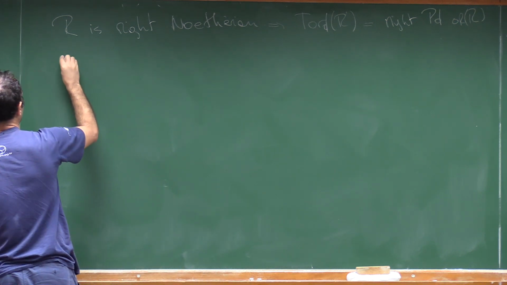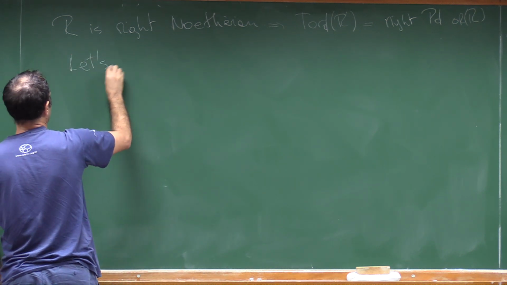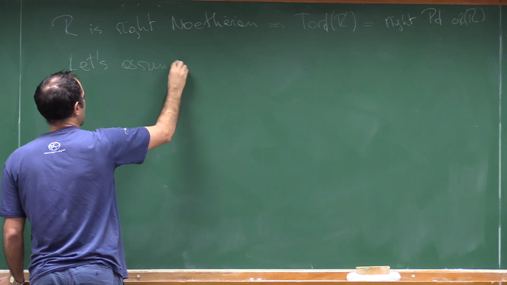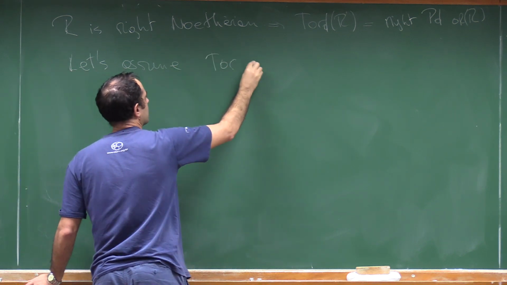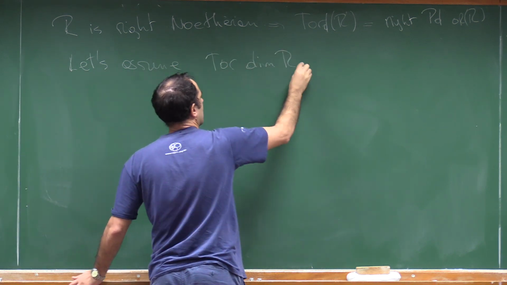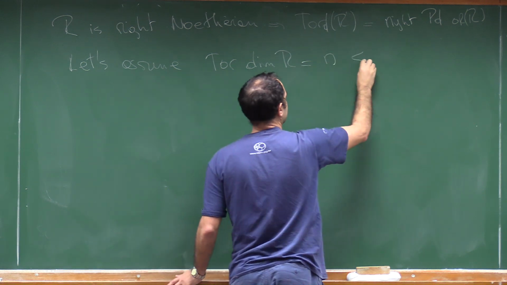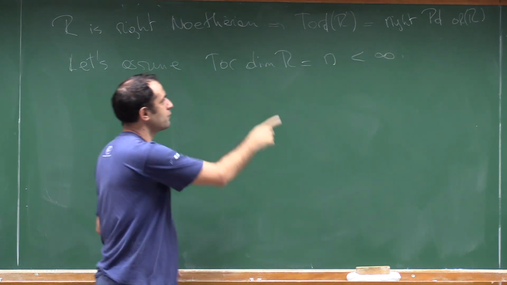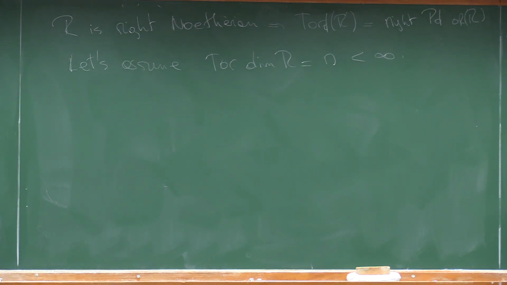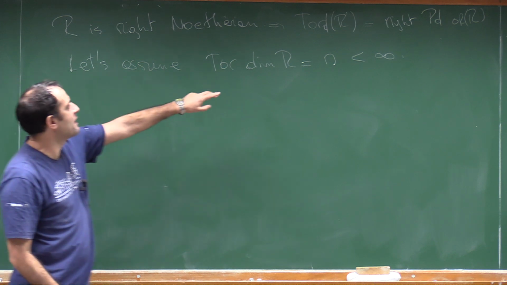So let's assume that the Tor dimension is equal to n and is finite. So I need to prove that the projective dimension is finite and is equal to n. And this projective dimension is always bigger or equal than this guy.